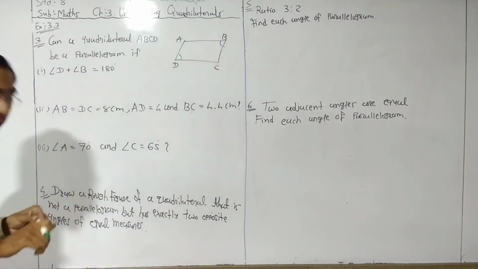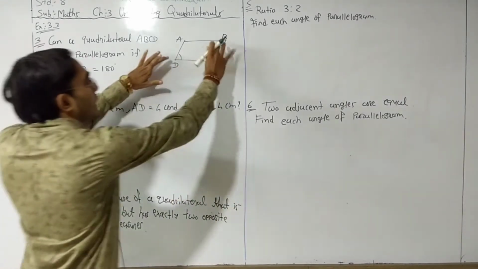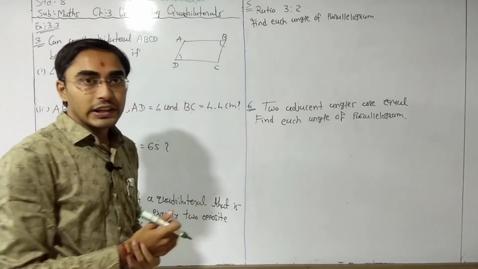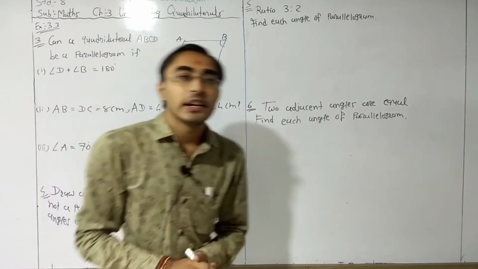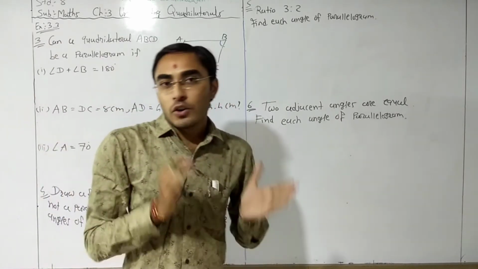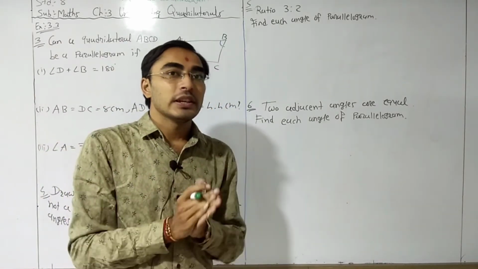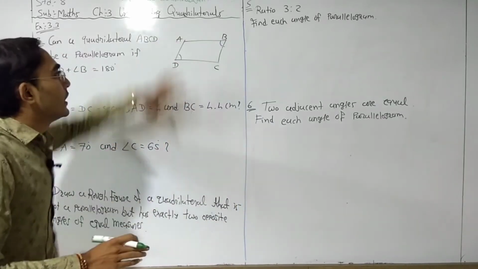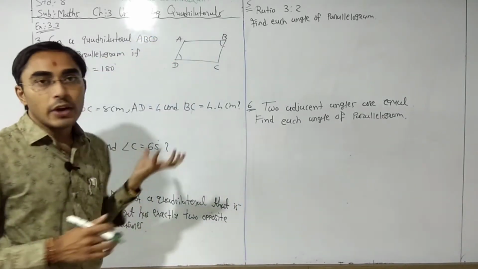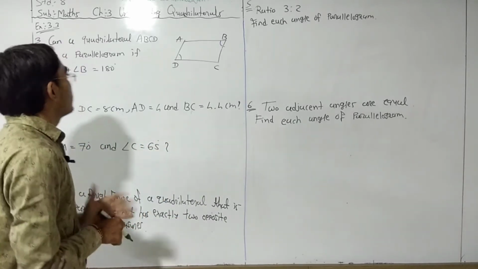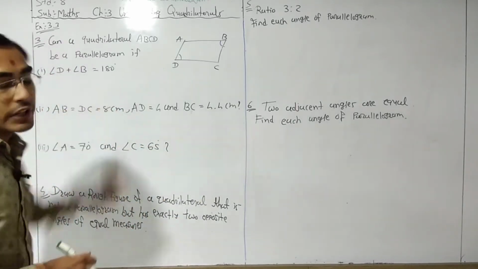Now if we look at angles B and D, both are opposite angles, right? And what is the property for opposite angles in a parallelogram? Opposite angles need to be the same. That means our angles B and D need to have equal measurement, right? But here it is given that the sum is 180 degrees.